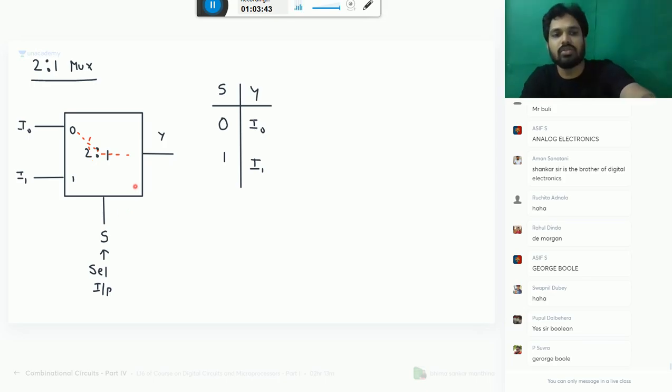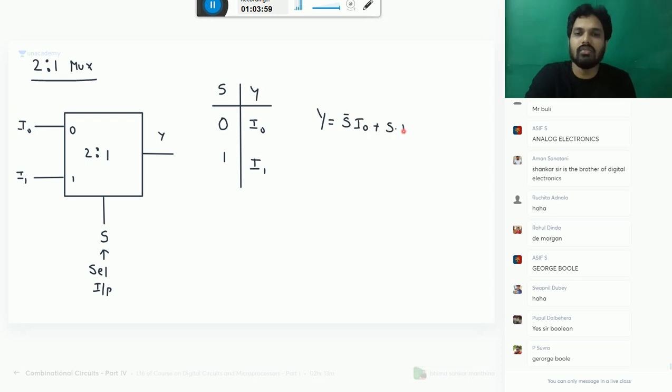Selection input 0, it will go to I0. When the selection input is 1, it will go to I1. So it is very simple. Your Y is I0 when S is 0, and I1 when S is 1. It is what we call the characteristic equation of the mux.